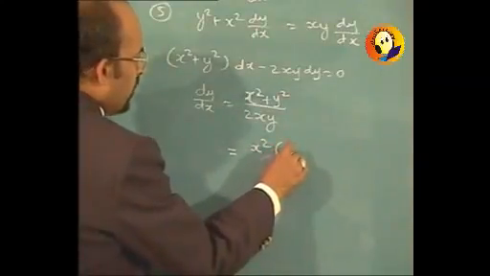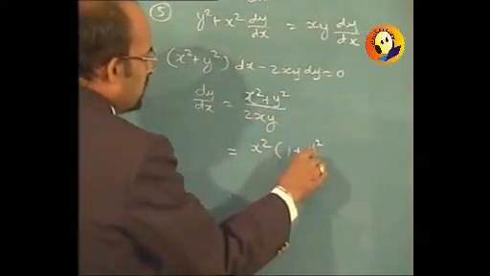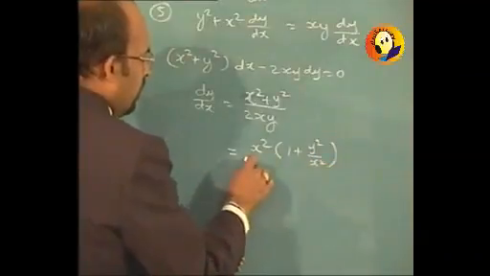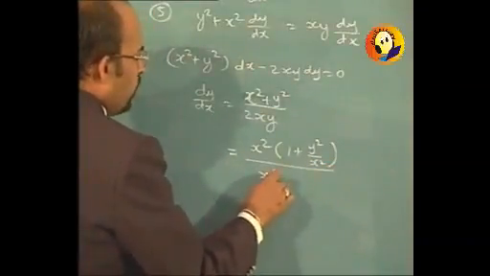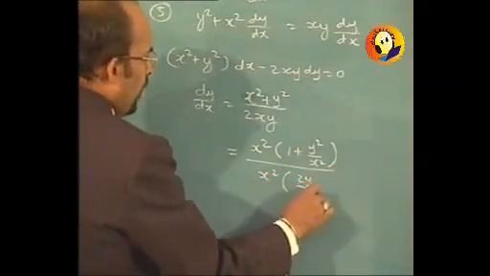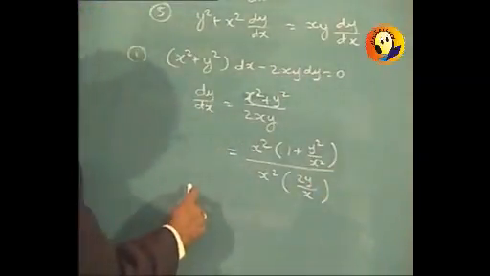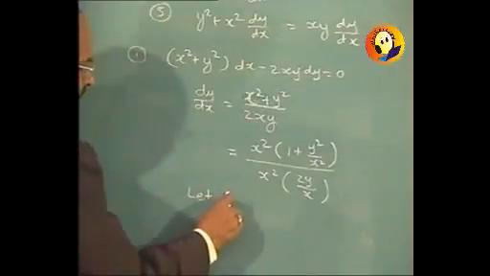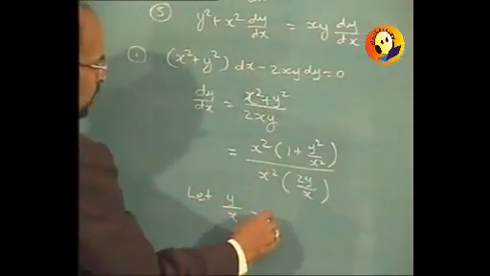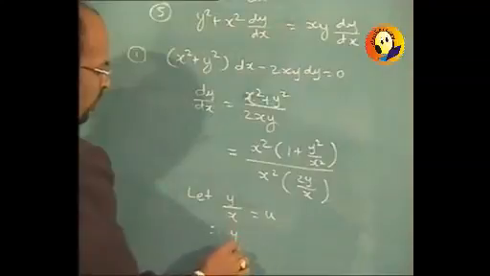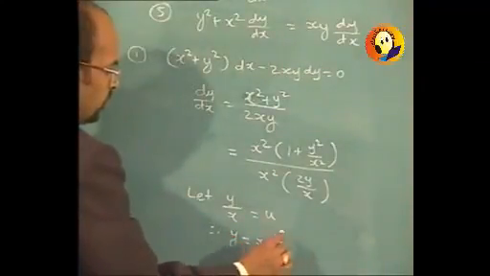So it is x square into bracket 1 plus y square upon x square divided by x square into bracket 2y upon x. And then we will have to substitute, that is let y upon x is equal to u. Therefore y equal to x into u.